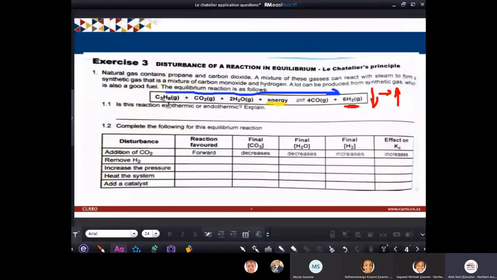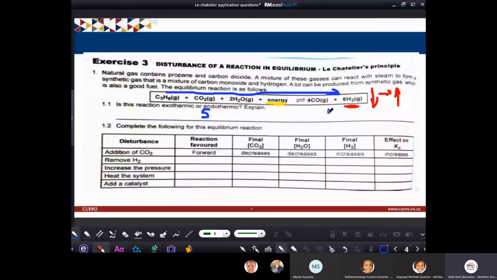There's one. There's carbon dioxide, there's one. Water, there's one. So in total, you will then have 5 gas molecules.